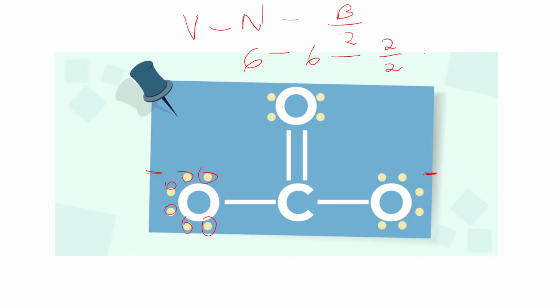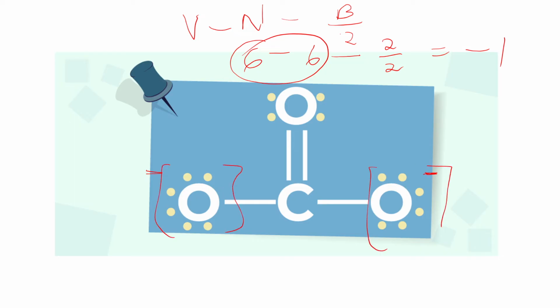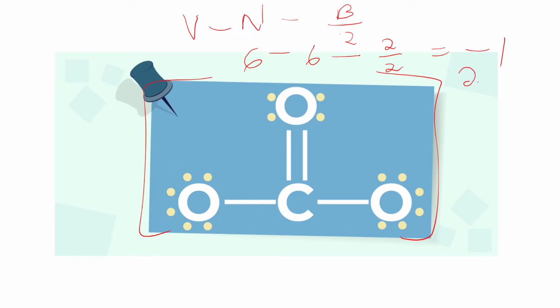Sorry about that. So the sixes we cancel. We're going to end up with 6 minus 6 is 0, minus 1, so -1. So we're going to have a negative charge on these oxygen atoms. And since we're going to have two negative charges, we can bracket the entire ion and put 2 negative on it like that, all right?